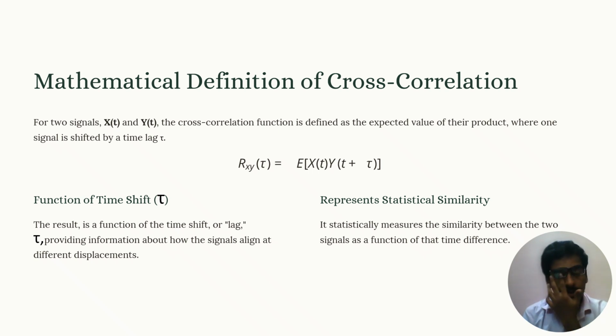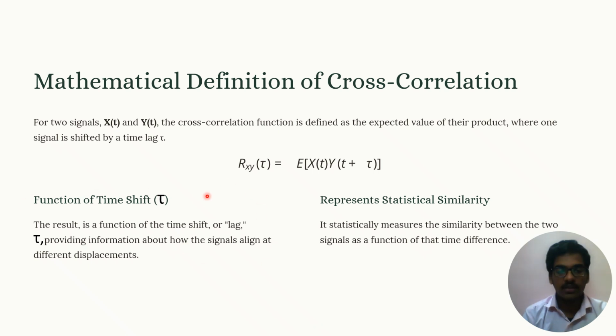We can see here it is represented as Rxy(tau), because we are taking two different signals, x(t) and y(t). That's why we represent it as Rxy(tau) equals the expected value of x(t) multiplied by y(t + tau).